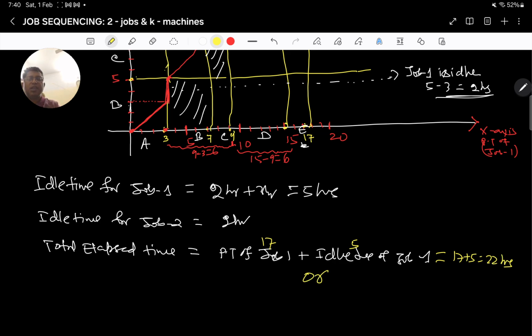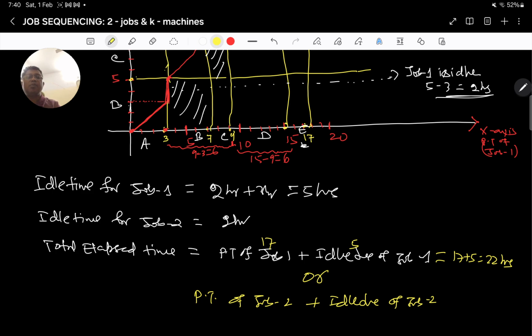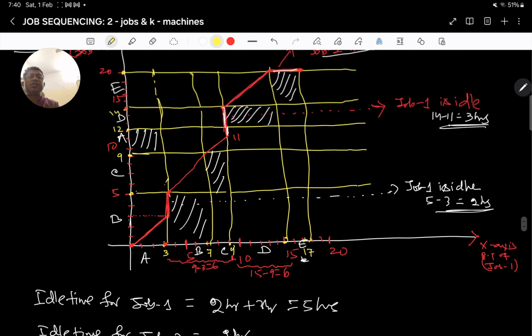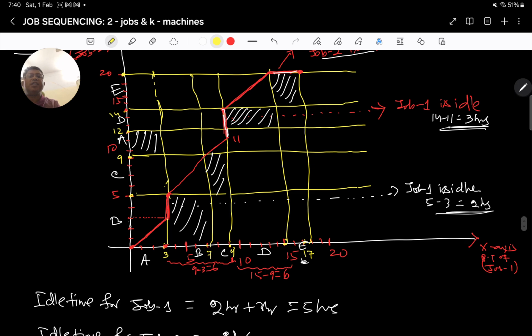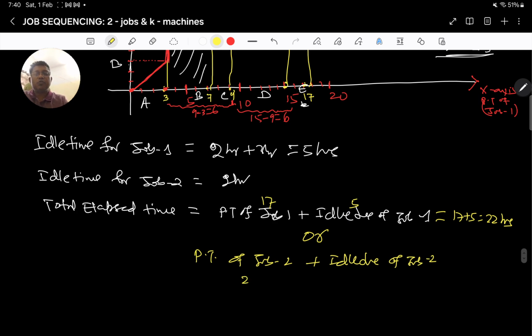Alternatively, it should be same as processing time of job 2 plus idle time of job 2. You see, the processing time of job 2 is up to 20 here, and the idle time is 2 hours. So it is 20 plus 2 is equal to 22 hours.